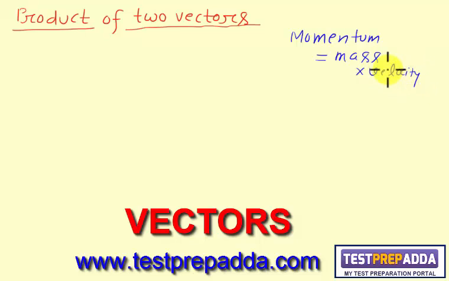Similarly, force is obtained by multiplying mass with acceleration. Similarly, work is found by multiplying force with the displacement. So, different physical quantities are obtained by multiplying other physical quantities.